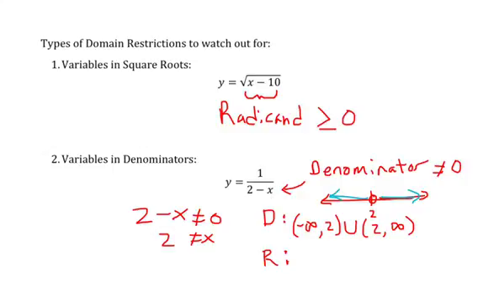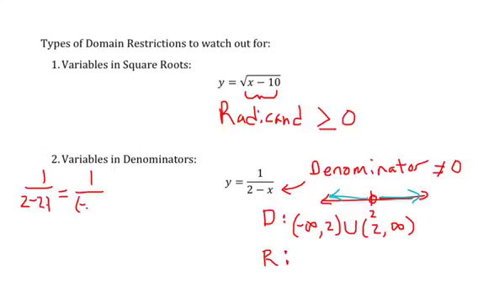Let's go ahead and erase this here. So if we plug in 2.1, we're going to have 1 over 2 minus 2.1, which is 1 over negative 0.1. Okay. And this is going to be a negative number. The absolute value is going to be pretty large.